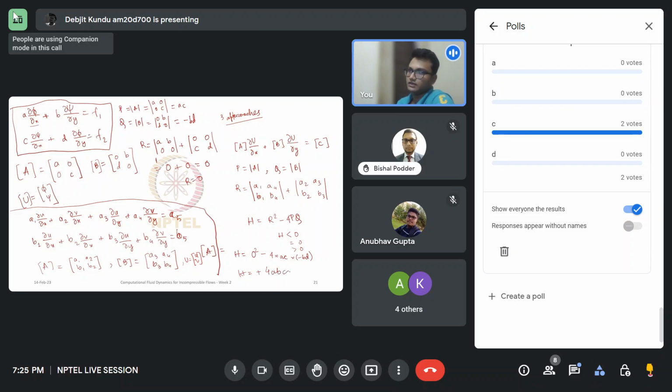So this would be ABCD, and it would ultimately depend on the signs of these coefficients A, B, C, and D. That's how we would be finally able to determine H and then classify the original set of equations. So this is one of the approaches in which we can do this. Any questions on this?